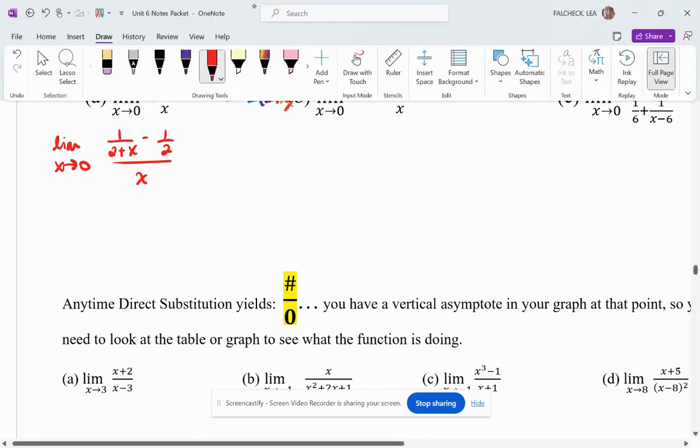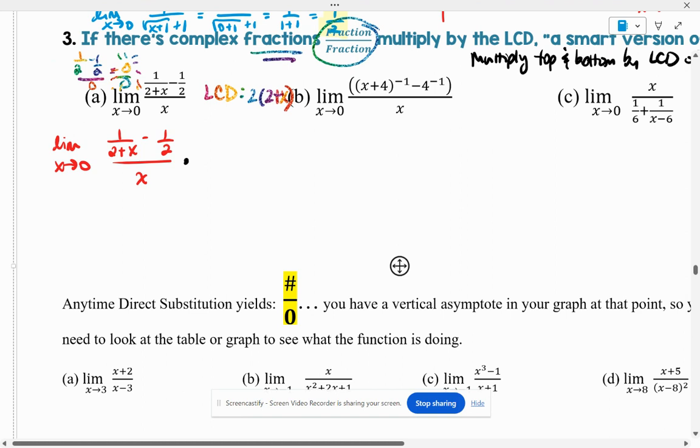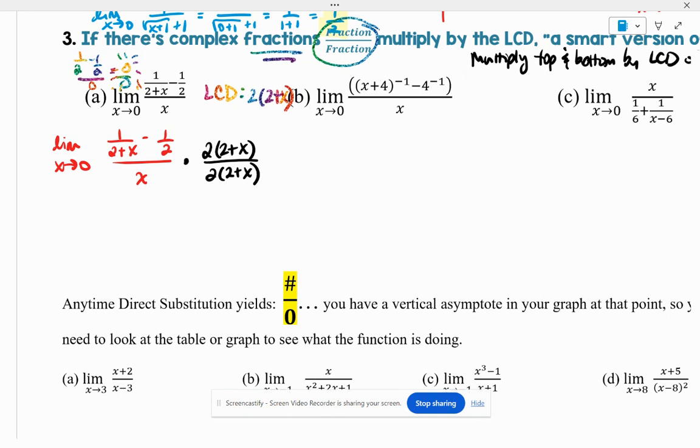so when I multiply by the LCD, it's going to look like this. Okay. And if you're comfortable with this, you can see that if I multiply the top by 2 times 2 plus x, certain things are going to cancel. You'll get better with these as you go through them. But for now, for this first part, I'm going to do the long way so you can see everything that goes together and cancels. Okay. So it's like this whole piece times 2 plus x.